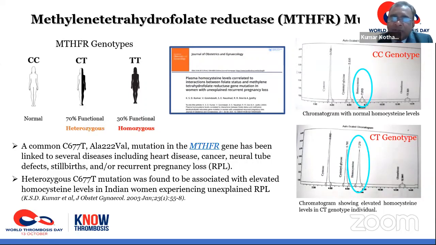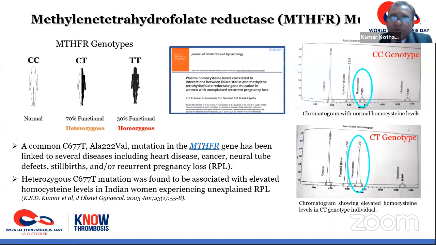During that time, folic acid was not that popular, and they were all a naive population. So when we did the biochemical phenotypes, we saw that in heterozygotes also, there was elevation in homocysteine levels. If you see the CC normal, the homocysteine levels were less, whereas in heterozygotes, the homocysteine levels were high.